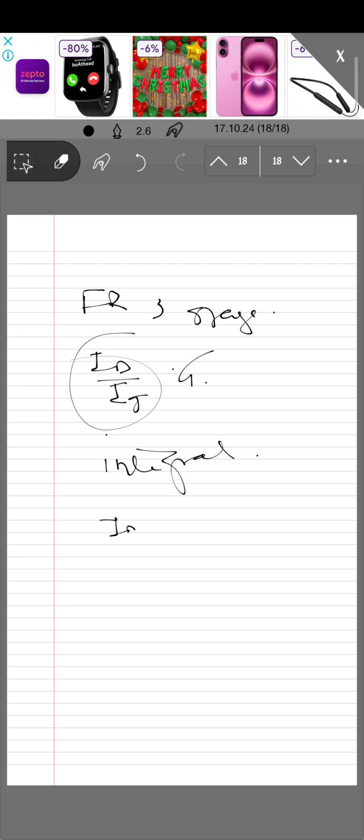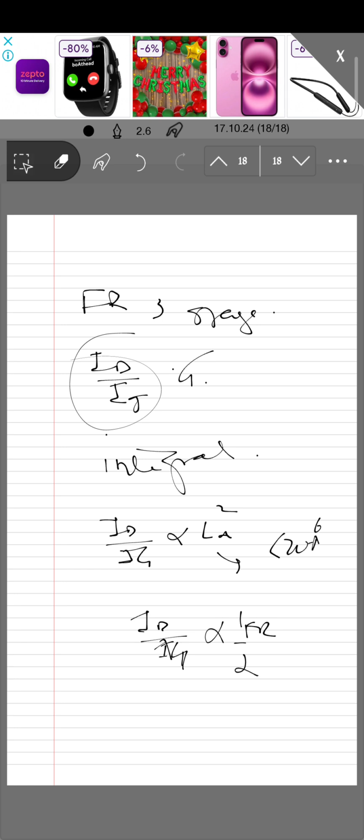At lower crystallite size, ID by IG follows the L squared rule, that is, it is directly proportional to L squared for size less than 20 angstrom. However, for higher crystallite size they follow the 1 by L rule. These are the two rules, or two regimes.